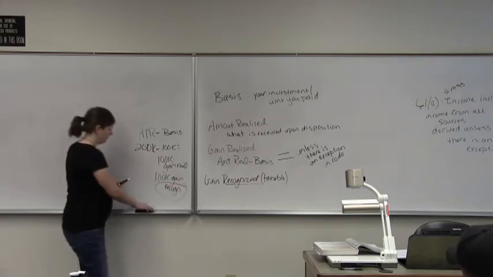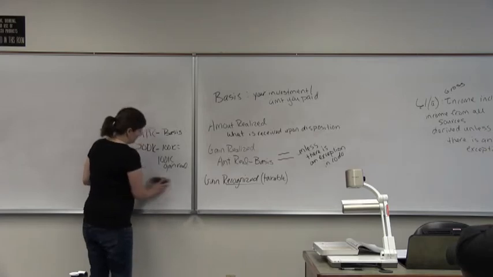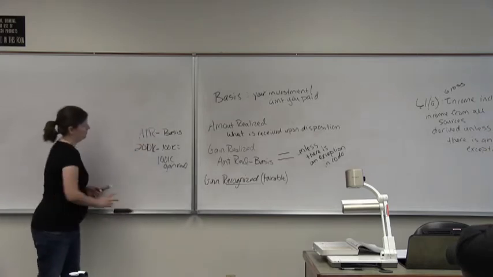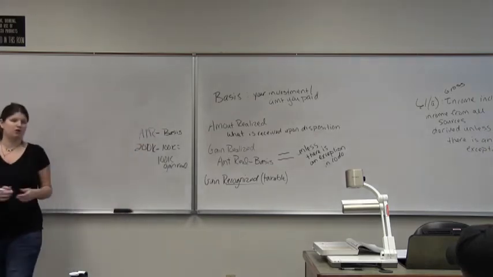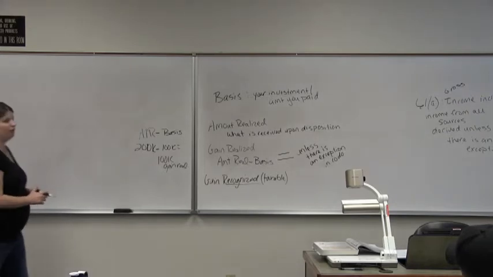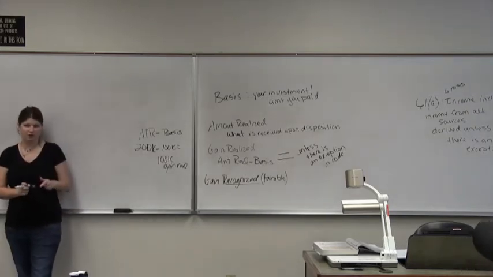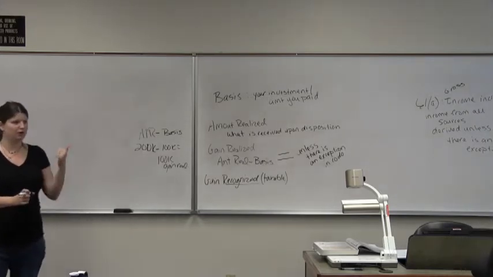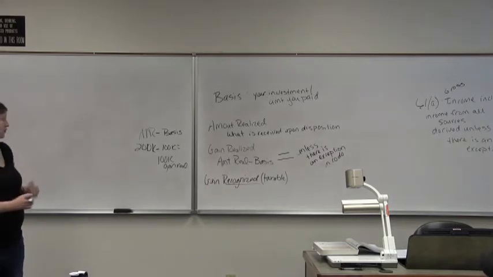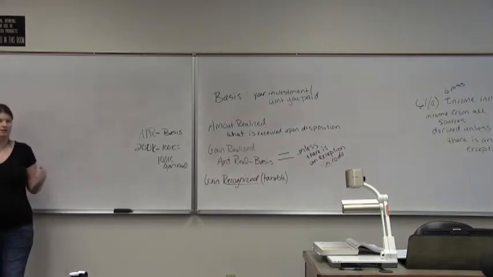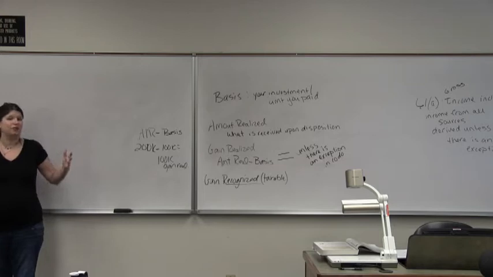Here's an example. What if instead of selling this piece of property, I contributed it to a partnership? Well, now there's a provision in the tax code that says if you contribute property to a partnership, you do not have to pay. There's no gain recognized.